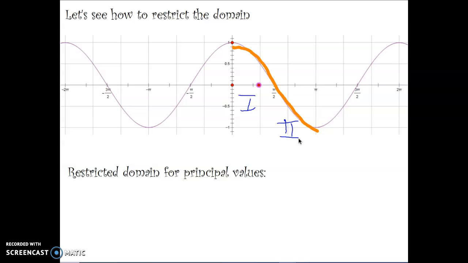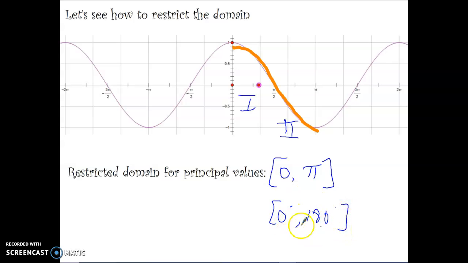So my restricted domain for my principal values of cosine is 0 to pi, if I want to think about it in radians, which I usually do, or 0 degrees to 180 degrees if I want to think about it in degrees.